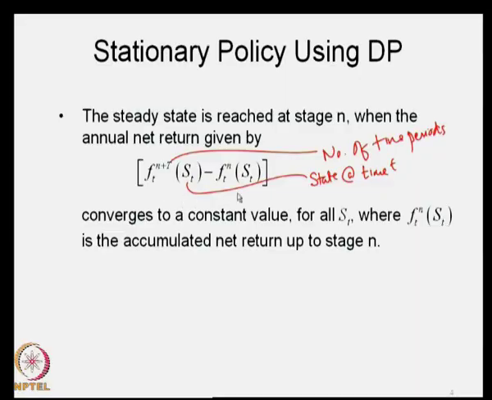Let us say that the policy says that for a given storage, you make this particular release in a deterministic sense. Then you keep on following that policy over a long period of time, you will get the best annual benefits, and these remain constant. That is the implication of the steady state policy or the stationary policy. So, this is how we identify the steady state when we are computing the system performance using the dynamic programming.